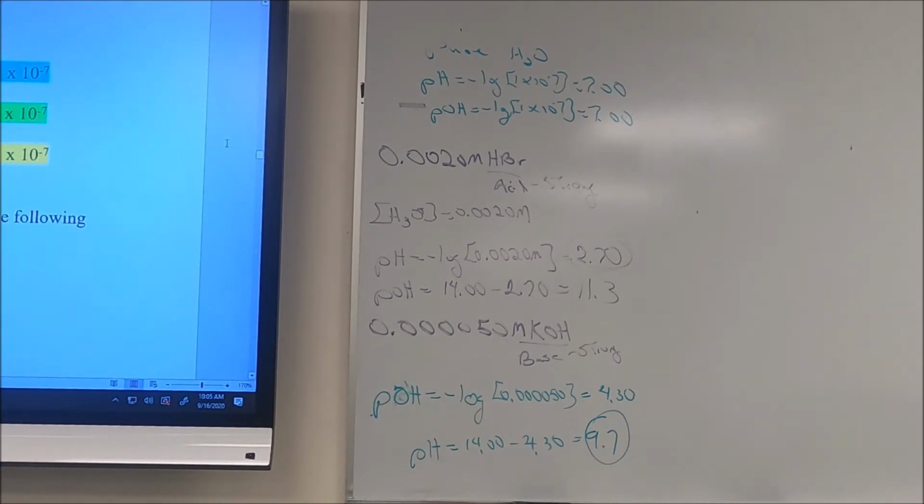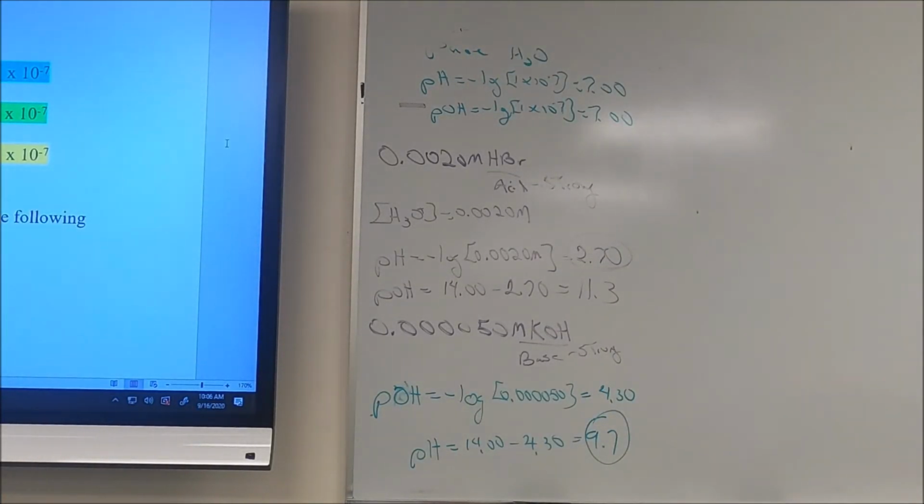Now, we can look at practice problem 16.3. Well, we'll look at 16.3 and 16.4 both.